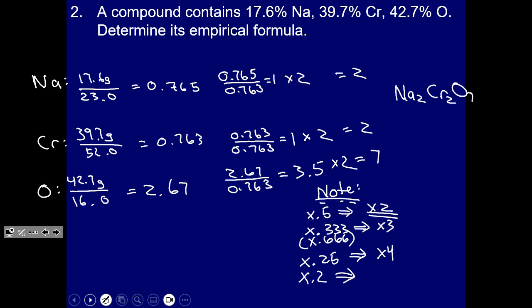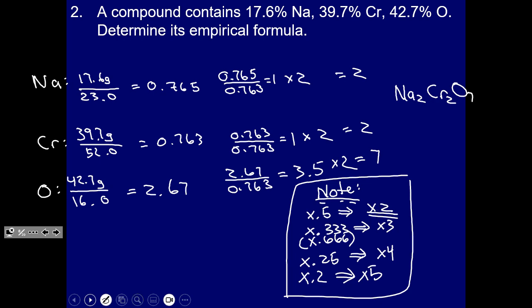Okay, times 5. So that's just warning you that after you're done the division, you could have something point something, and that tells you what to do with it. And it simply means that there isn't a 1 in that particular formula. Let's do a couple more examples.